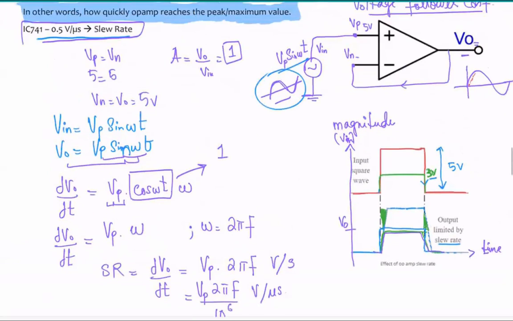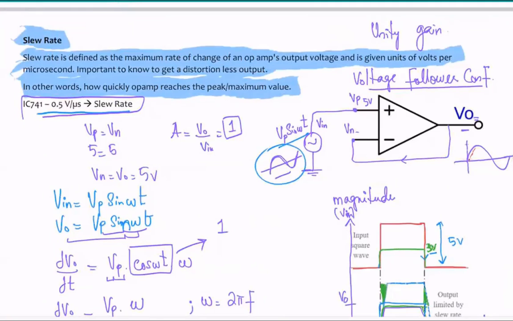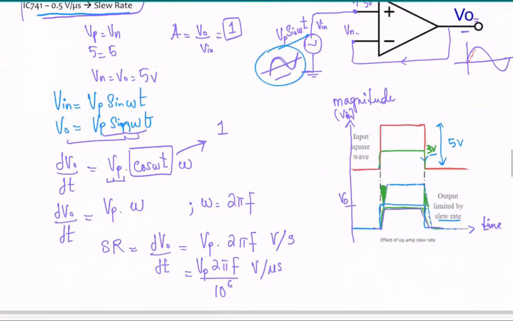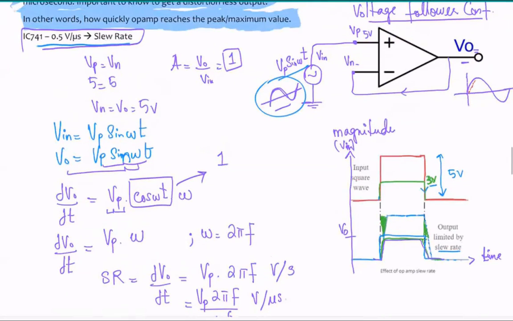So when it says 0.5 volt per microsecond, that means every 1 microsecond, it ramps up by, so say this is 1 microsecond over here, it will go to 0.5 and then 1 and then 1.5 and then 2.